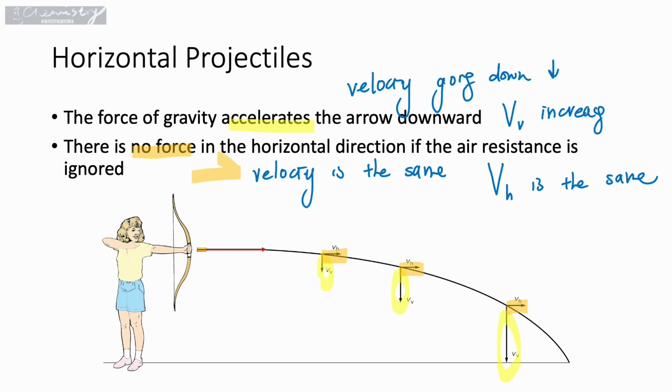So this one is describing the horizontal motion, and this one is describing the motion that is pulling you down. Those two acting together result in the arrow landing on the ground eventually. The arrow is still moving forward, but the gravity is going to pull it down. So that's why at the end of the day, the arrow is going to fall to the ground. It is due to gravity.